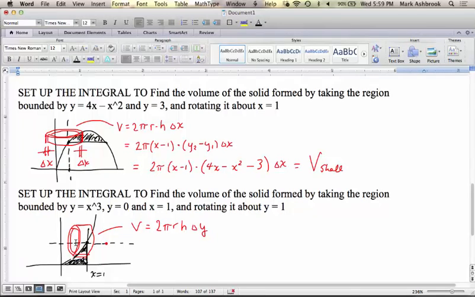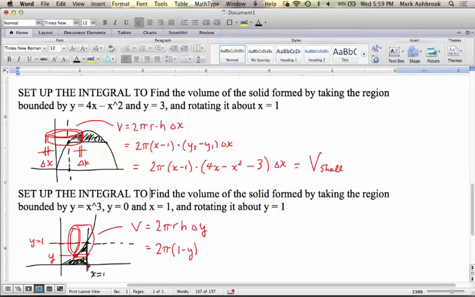What's the radius? The radius is the distance from the center of rotation, 1, to here: the y coordinate of the curve. What's the height of the shell? Isn't thickness the same line? Same line, either way.